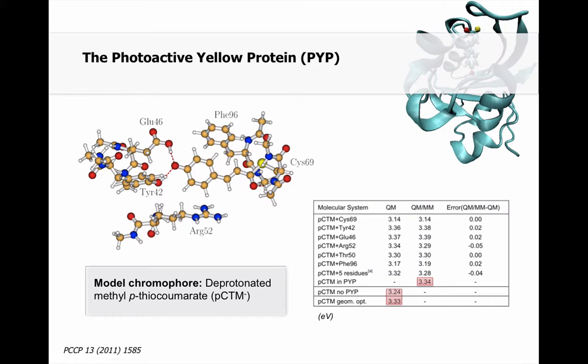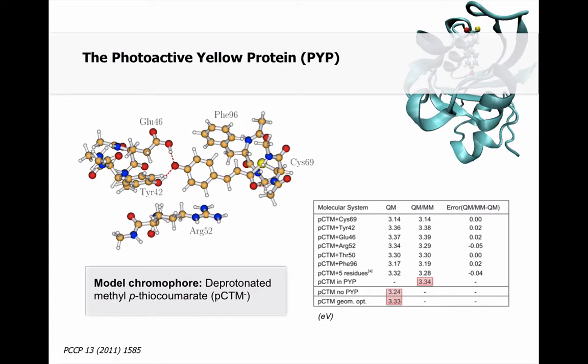Now proceeding to inclusion of the full protein in the calculations. This is of course only doable when we use the polarizable embedding model, and in this case, including the full protein, we got a value for the lowest excitation energy in the chromophore equal to 3.34 eV.